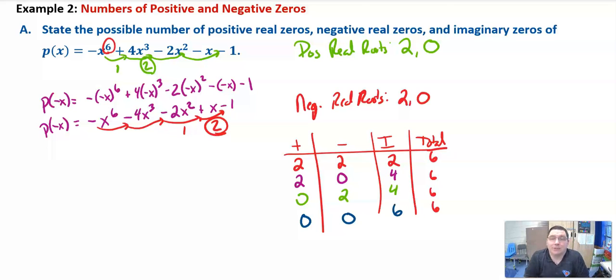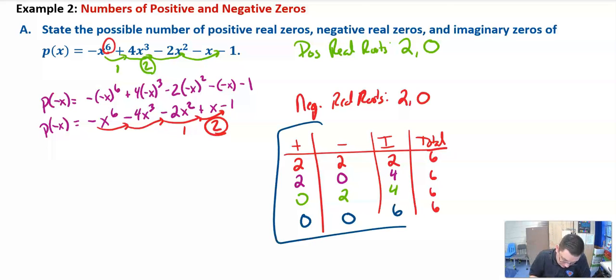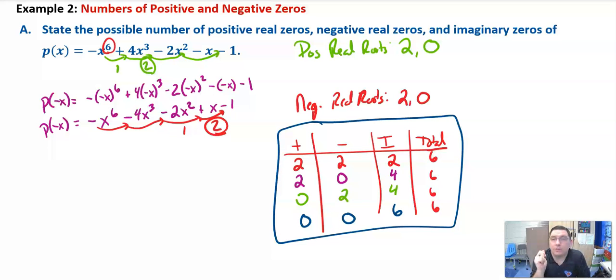So I get 6. So these are the possible cases of positive real roots, negative real roots, and imaginary or complex roots. And again, that total will always be totaling to the degree of the function. That's what we're looking at with Descartes' rule of signs. So let's look at example B and see what we're doing there.